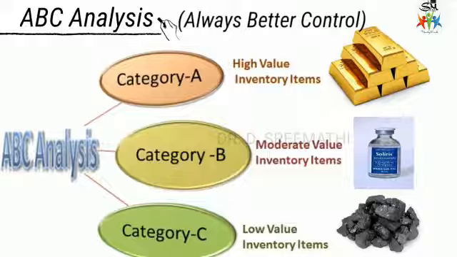Since if there is deterioration or loss by theft or anything, then the loss is very high. And the B and C items are the major portion of total quantity of raw materials, but have minimum capital investment, so they are to be managed through less strict controls.